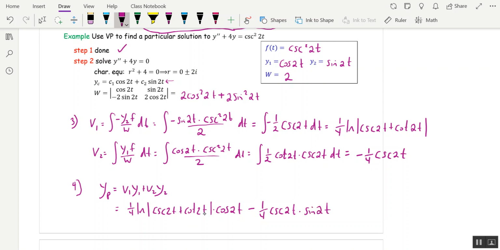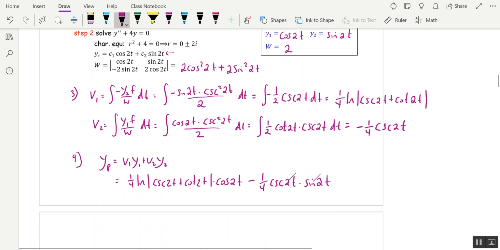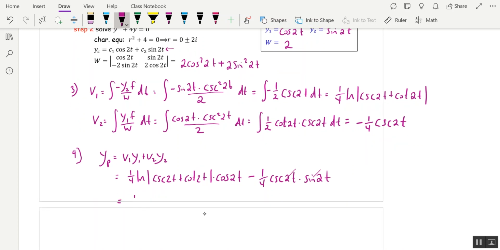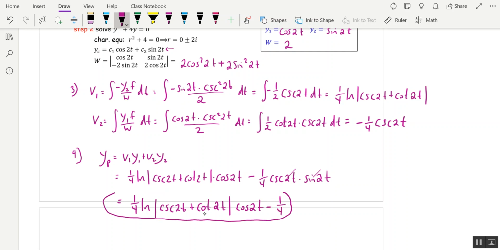But cosecant is 1 over sine, so these just kill each other off, and I end up with minus 1/4. So my yp is 1/4 ln absolute value of cosecant 2t plus cotangent 2t times cos 2t minus 1/4. Wow, that's a mouthful.